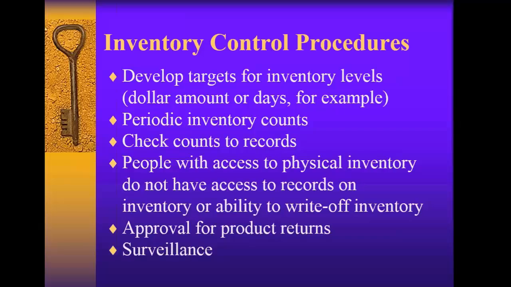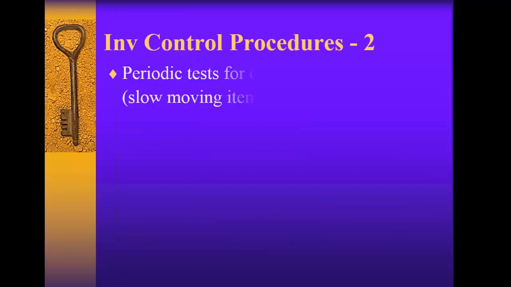Surveillance, having cameras, very important. Just being aware that certain types of inventory are prone to manipulation and prone to being stolen. So we need to understand this and put an appropriate control system in place, which generally speaking will mean some type of surveillance.